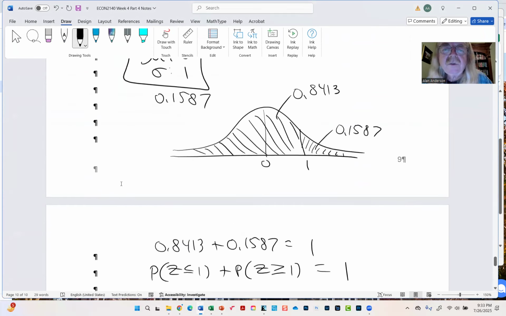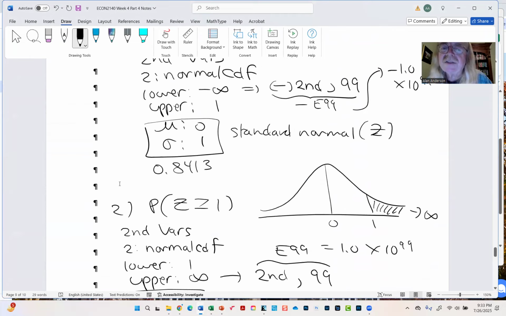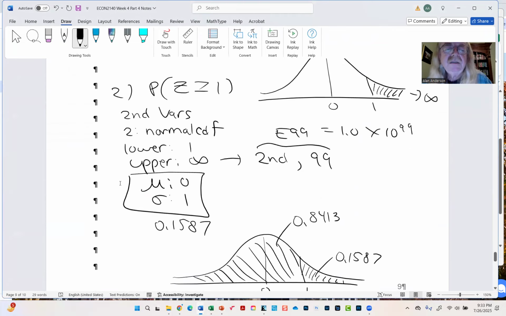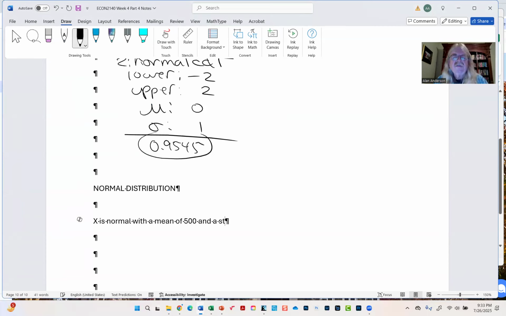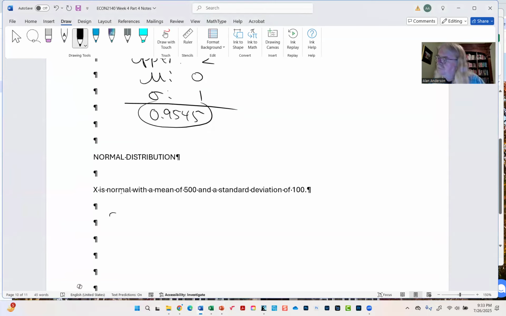Now we're going to try 3 cases where we're using X instead of Z. Okay. So this is the normal, but not standard normal. So let's say X is normal with a mean of 500 and a standard deviation of 100. So we start by calculating the probability that X is less than or equal, let's say, 400.